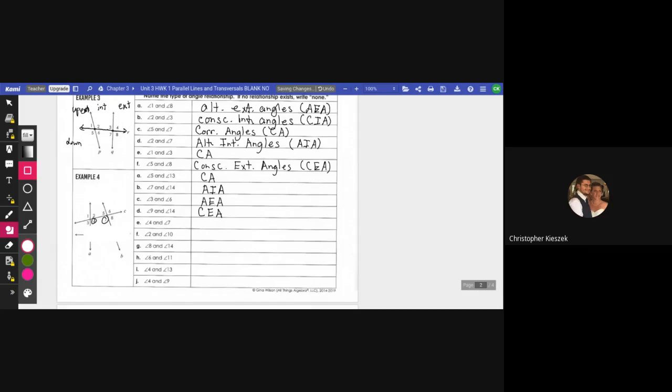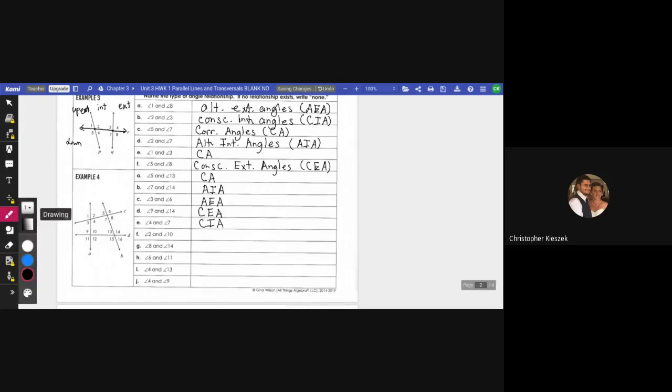I have two angles that are interior on the same side of the transversal. So these are consecutive interior angles. CIA. Right. So that's how you go about working on problems where there's more than the basic example, like example 3.